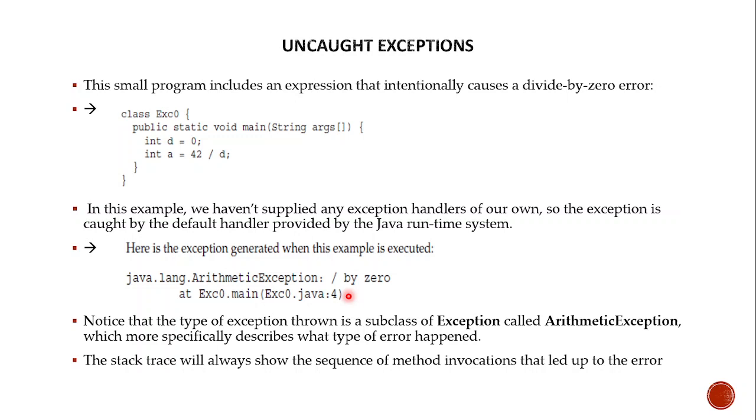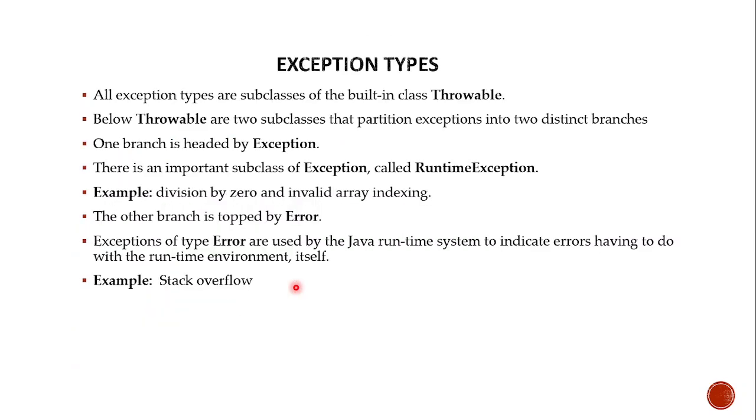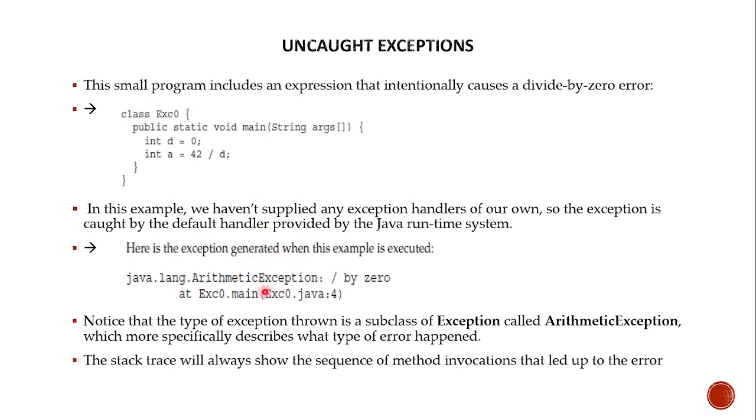So all these details are included. Next thing is, it is also trying to tell us the type of the error being thrown, and which subclass it belongs to. There are two classes, right? One is Exception and another one is Error. You can observe here, it is telling us that it is of the subclass Exception.